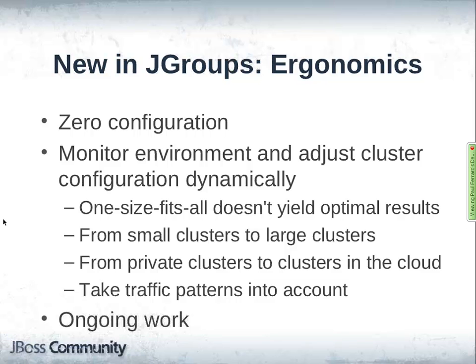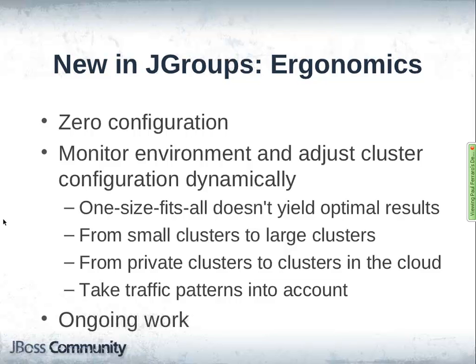TCP using multiple connections to all the nodes in the cluster, and UDP using IP multicasting and basically sending one message to all the nodes in the cluster. And potentially we would ask questions such as, would you like state transfer, do you use distribution or replication, and do you need fragmentation, and so on and so forth.